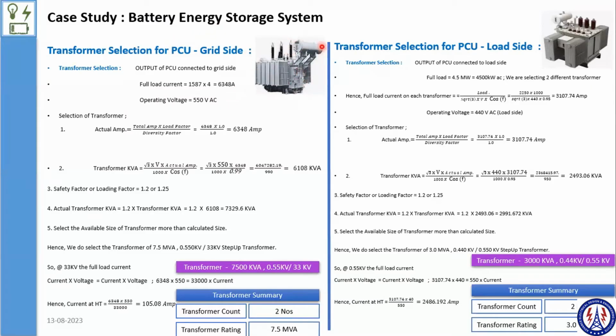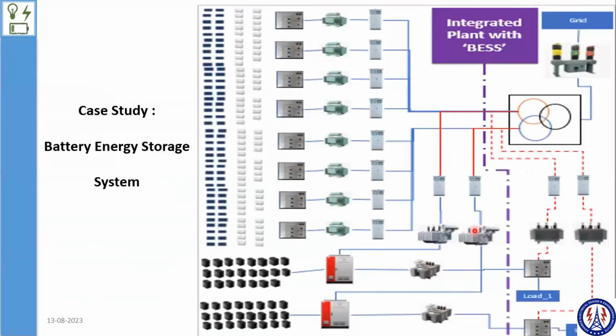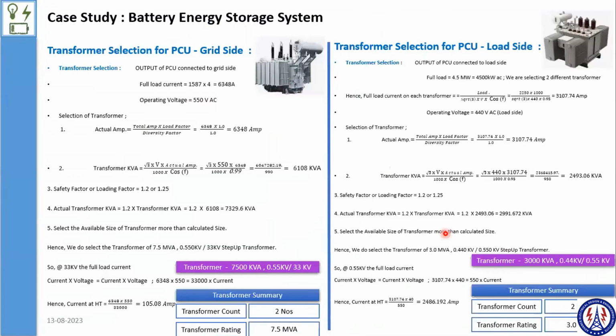If you look at this transformer, where it is connected. So why did I select 4? I'm asking you that. And why is the operating voltage 550 volt AC? That is what I'm asking you.